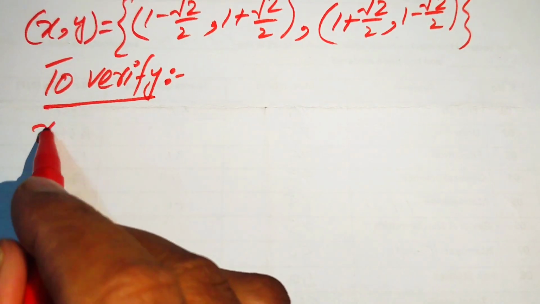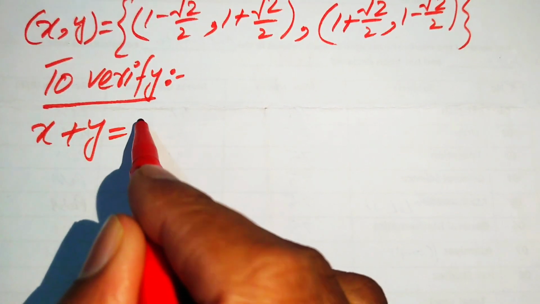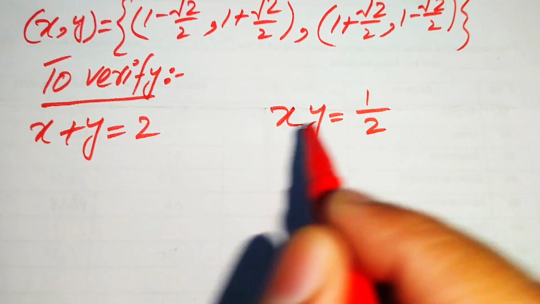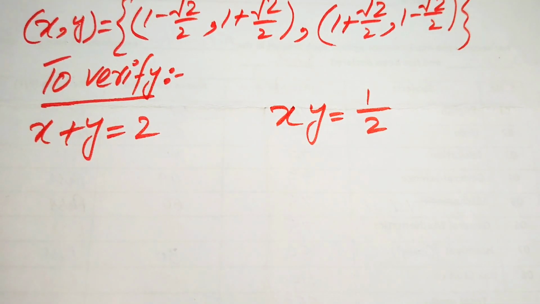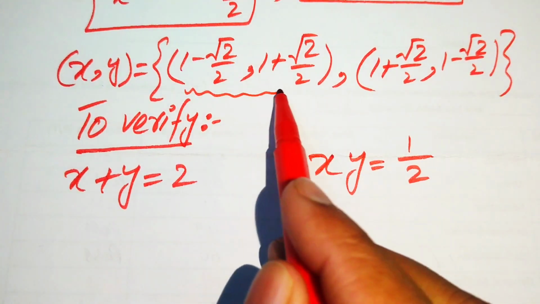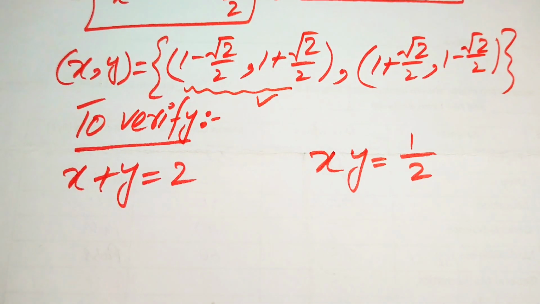First we write the first equation, x plus y equals 2, and the second equation is xy equals 1 over 2. Now we verify the first solution, and I leave the other solution up to you. You can verify the second solution for yourself.